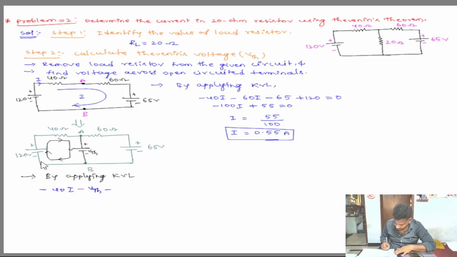And plus 120 equal to 0, because here the current is flowing from negative to positive, that's why I am taking plus 120. Then we substitute the current: minus 40 into 0.55 minus VTH plus 120 equal to 0.